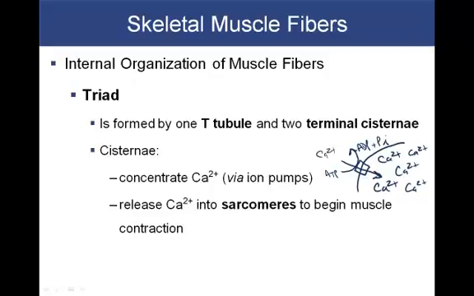So the role of the sarcoplasmic reticulum is to hoard and store that calcium so that whenever muscle contraction is required, whenever a signal is sent from the brain to contract the muscle, that calcium can then be released, and again, that's going to initiate muscular contraction.